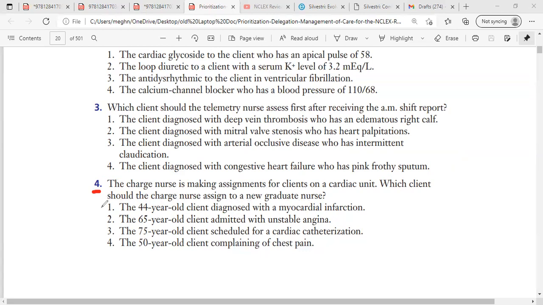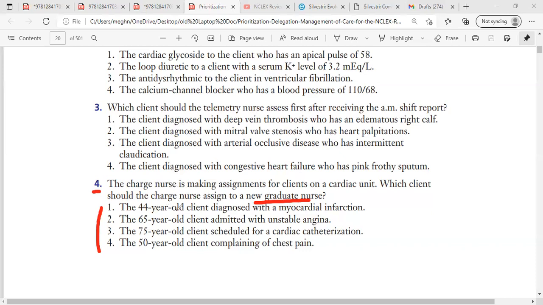Out of 4, the patient who is stable, who has a minor problem, we always prefer to assign to the new graduate nurse. So this question is about delegating. There are 4 options. Let me explain who is more stable.